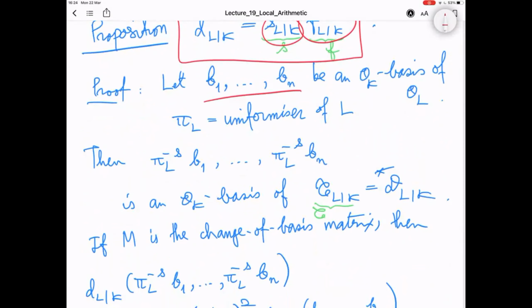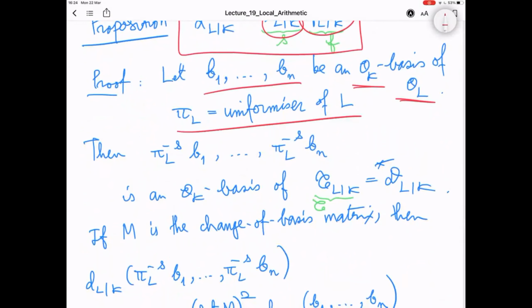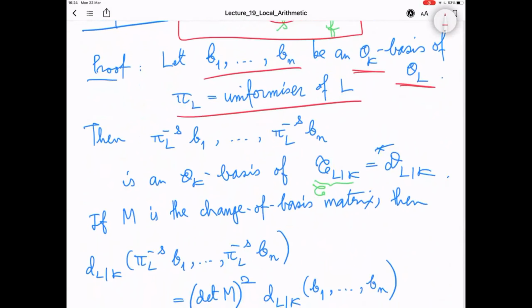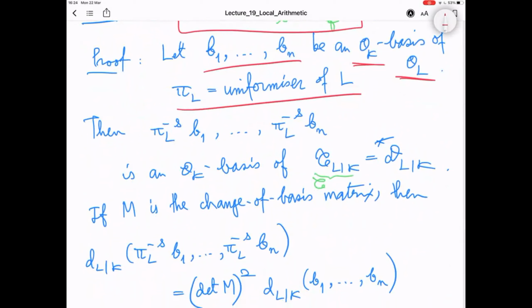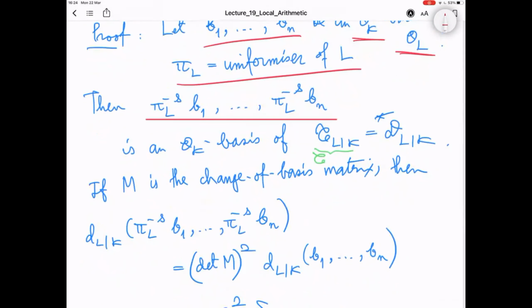So let's take an OK basis b_1 up to b_n of OL, and let's take a uniformizer pi_L of L. Then, by definition, pi_L to the minus S times b_1, and so on up to pi_L to the minus S times b_n, that is an OK basis of the complementary ideal of the different, right?